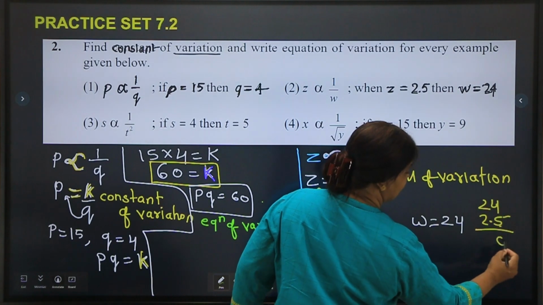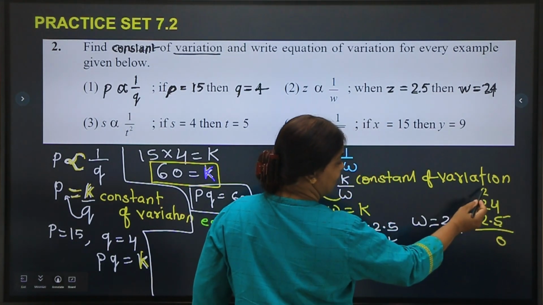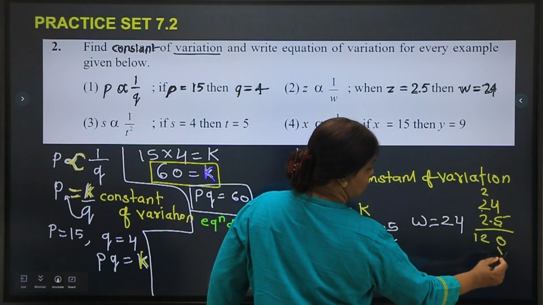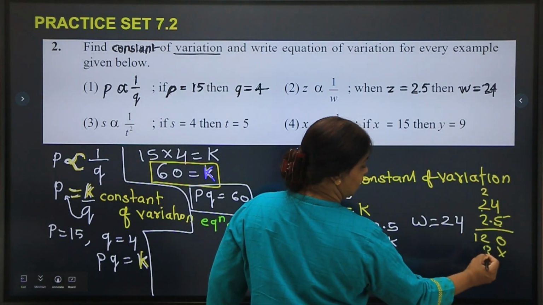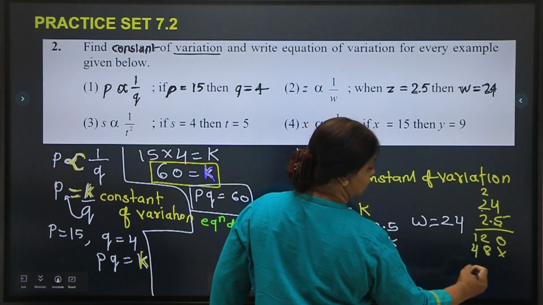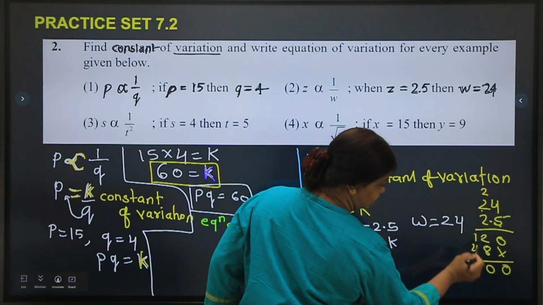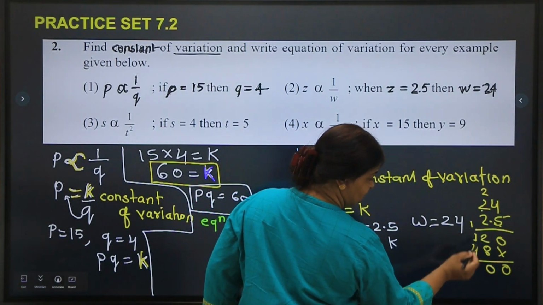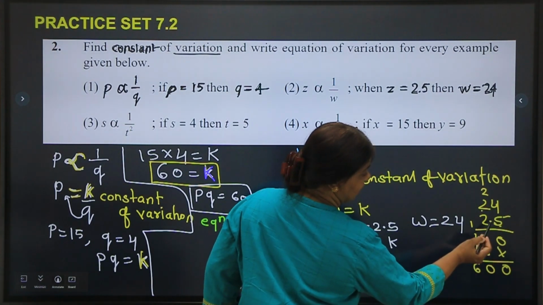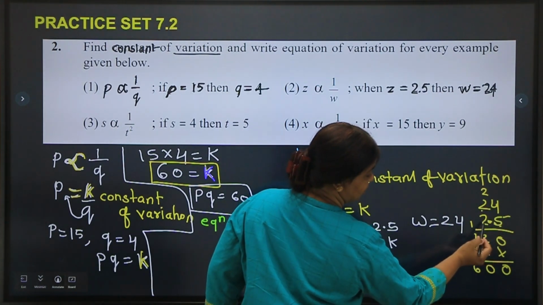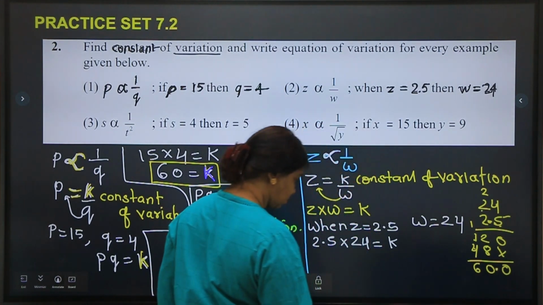5 4s are 20, carry 2, 5 2s are 10, 11, 12. Cross, 2 4s are 8, 2 2s are 4, 0, 2 plus 8, 10, 4 plus 1, 5 and 1, 6. And here the point is after one digit, so 60.